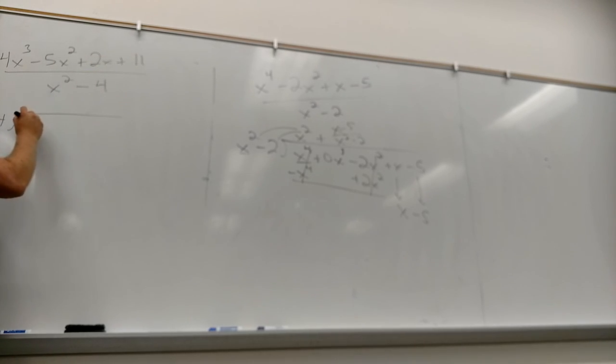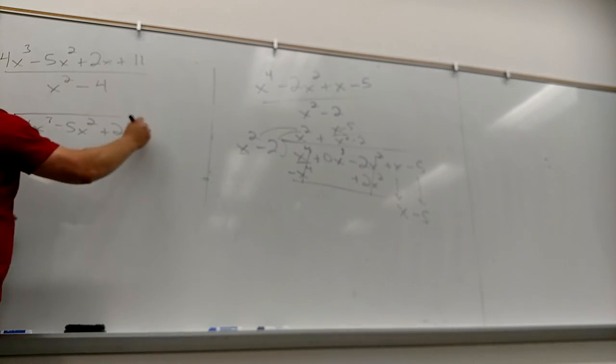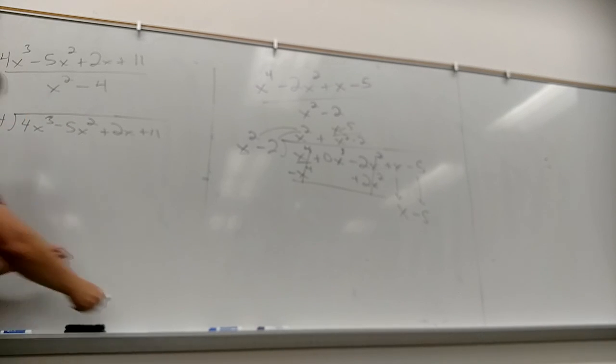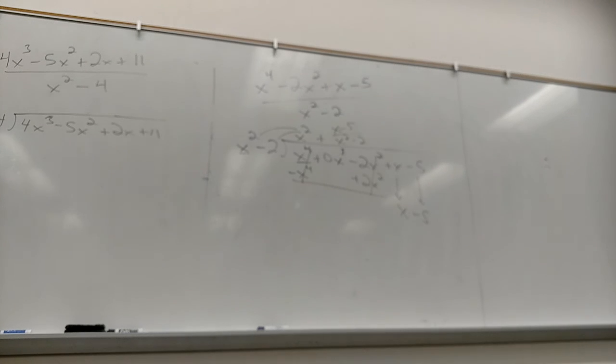So that's all right. Okay. Now you say x squared times what is 4x cubed? 4x.